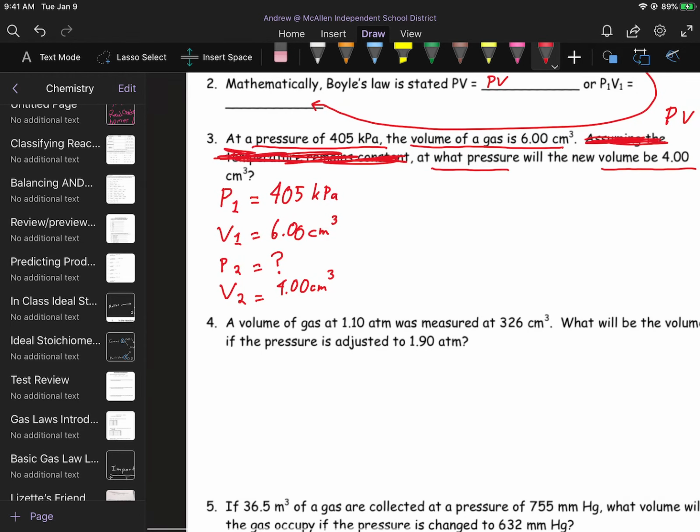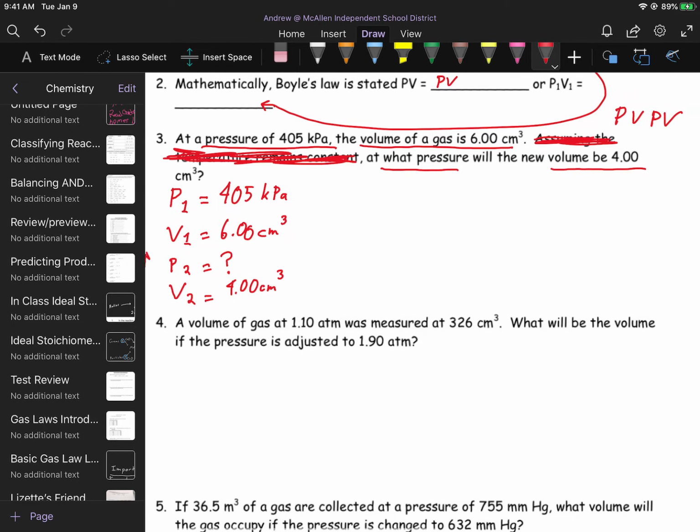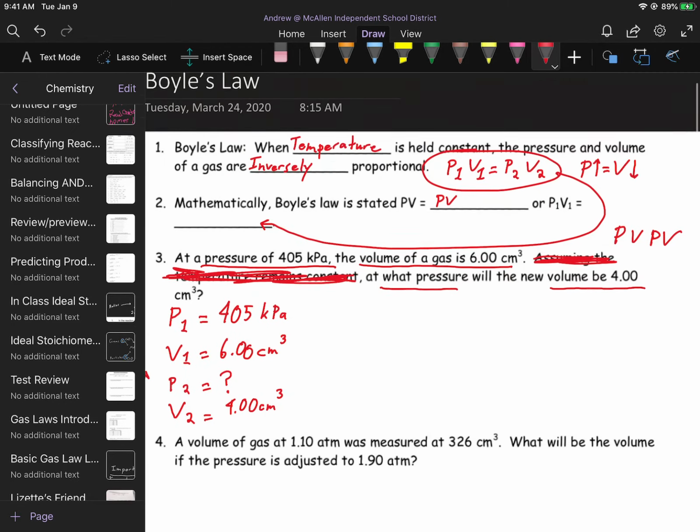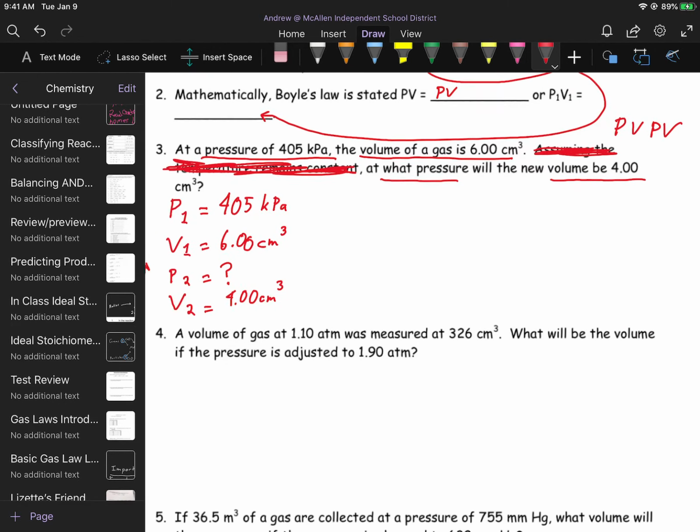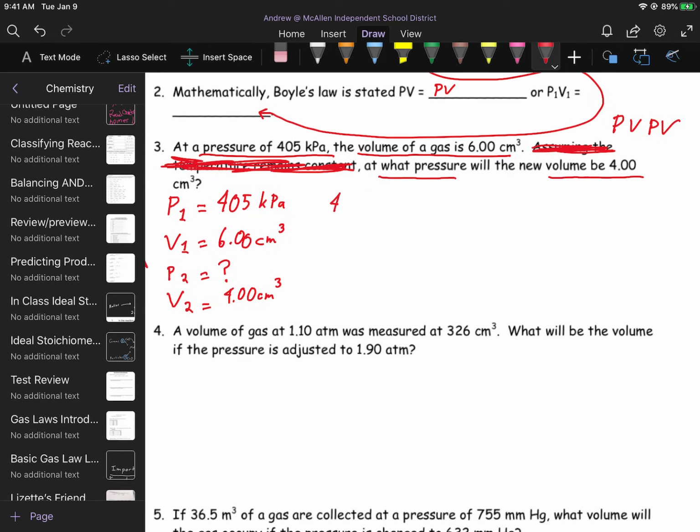Our guess is that P2 is going to be an increase over P1. Now, look at your formula. P1 times V1. P1 is 405. V1 is 6.00 equals P2 is unknown, so let's call that X, times V2, 4.00.